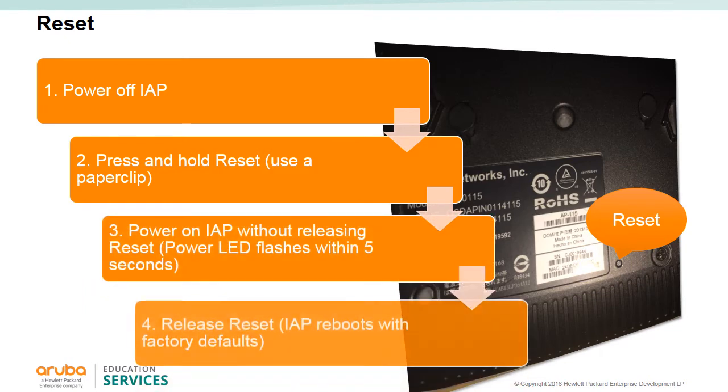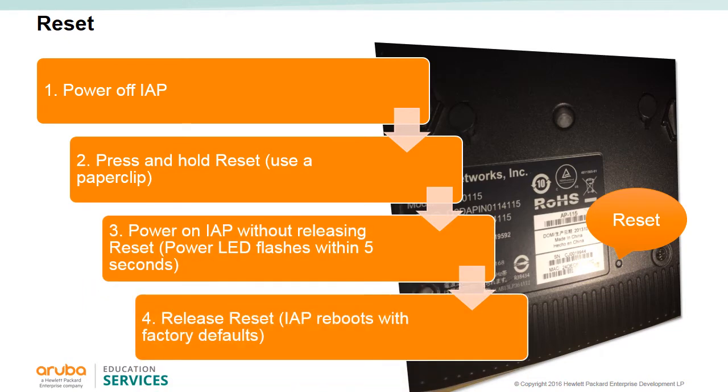Press and hold the reset button using a small and narrow object such as a paperclip. Power on the IAP without releasing the reset button. The power LED flashes within 5 seconds, indicating that the reset is complete. Release the reset button. The IAP reboots with the factory default setting.